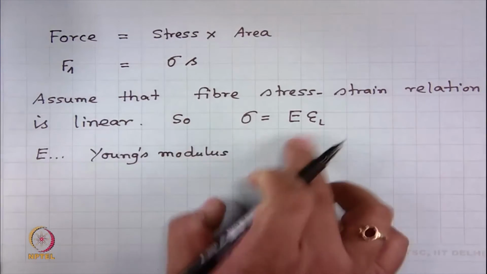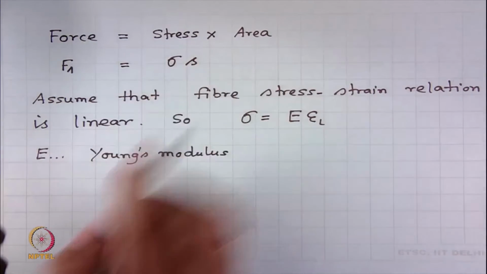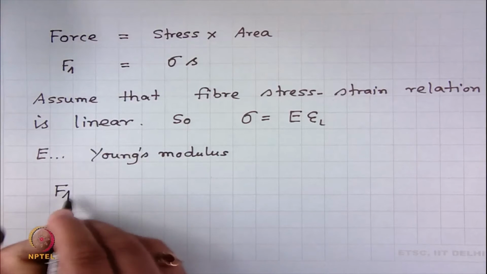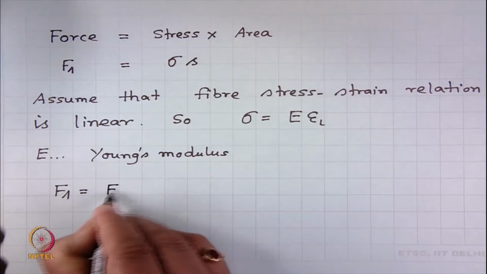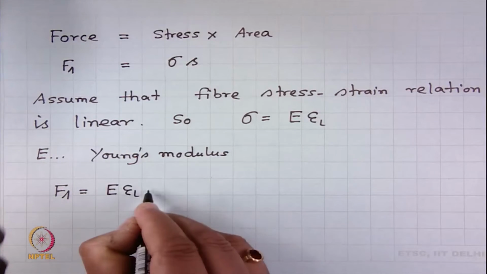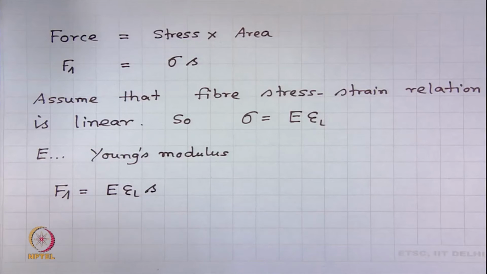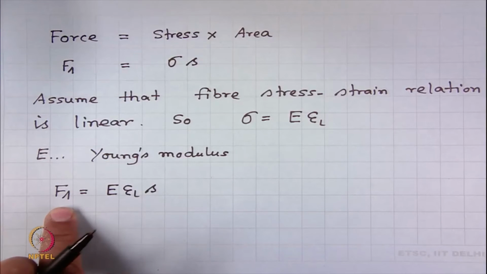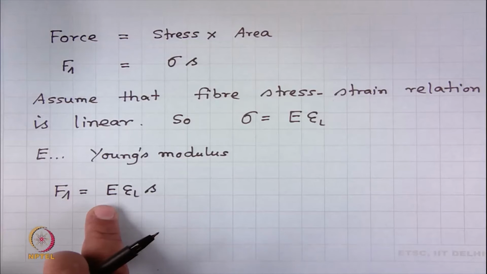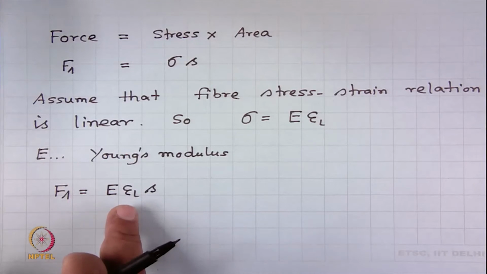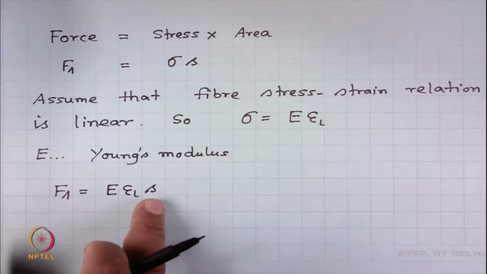So, if we substitute this relation here, what we obtain is F1 equals E epsilon L into S. So, axial force on fiber is equal to initial modulus of fiber, axial strain on fiber and cross sectional area of fiber.